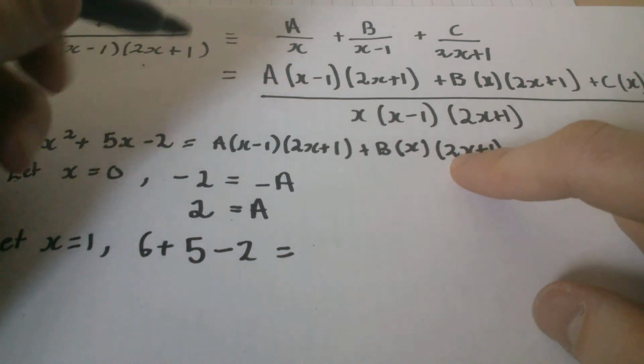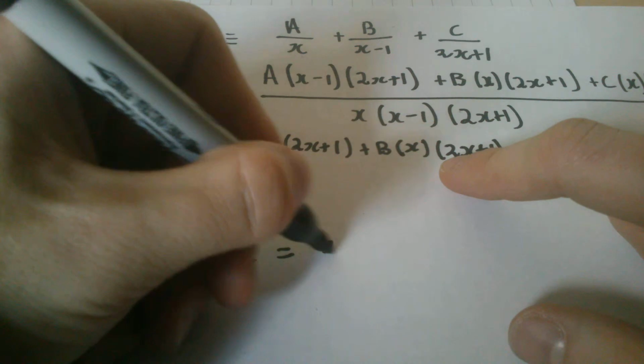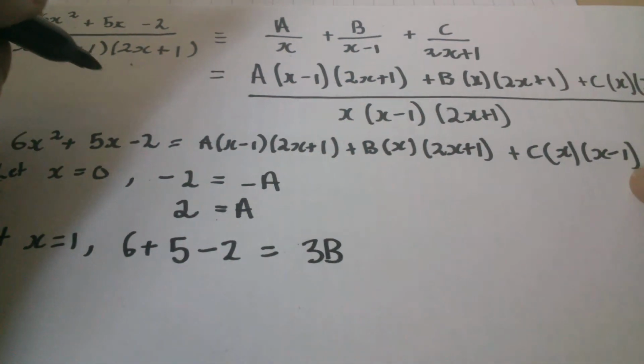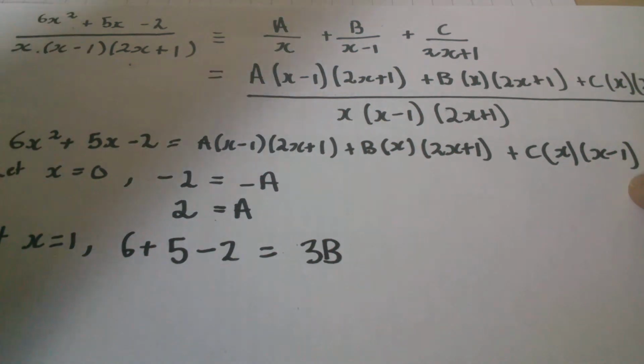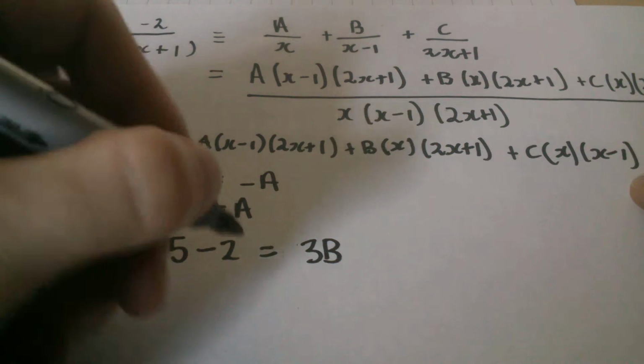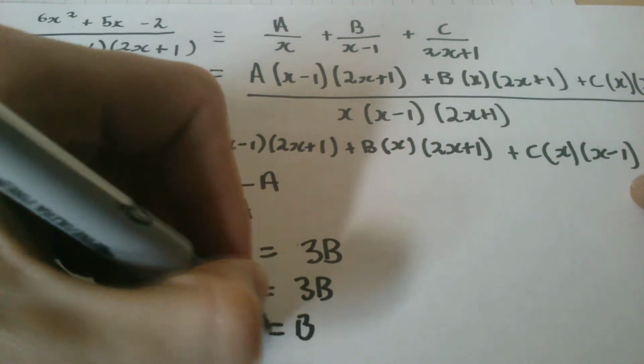That's 1 times (2 times 1 plus 1), so that's 3 times 1, 3 times b. And again, this is just 1 minus 1, that's just 0. So that goes away as well. Then you've got 6 plus 5, 11, minus 2, 9, equals 3b. So b equals 3.